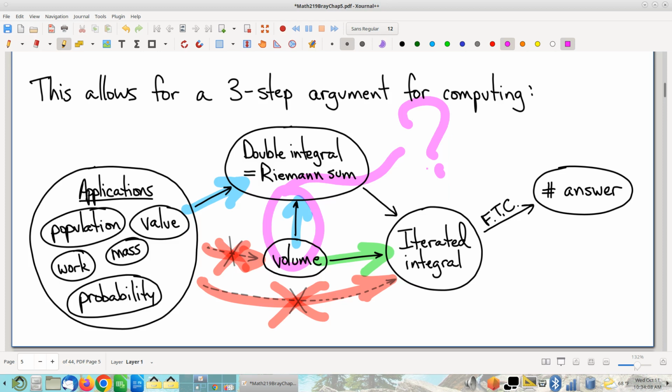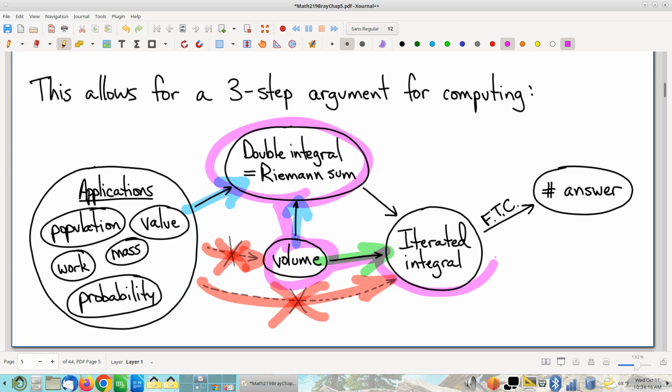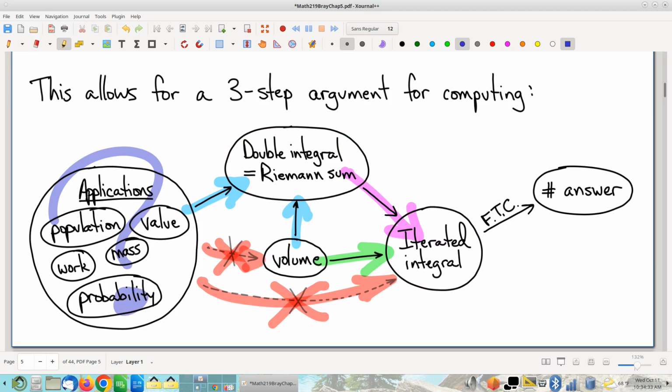The point is, this allows me to make the following connection. If volume is just as well computed by either double integral or iterated integral, then double integrals can be computed by iterated integrals. And check it out, I now have a key path from a broad category of applications that y'all as engineers and physicists and chemists or what have you, economists, are going to have questions about, right, that you're going to need to be able to solve.